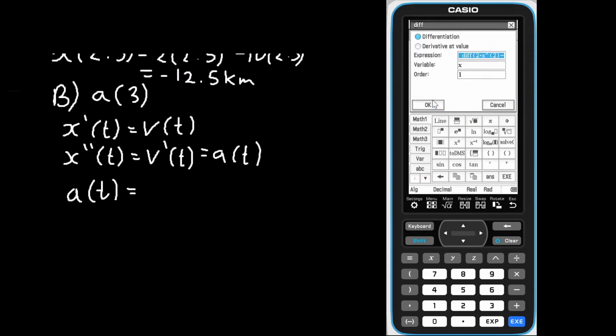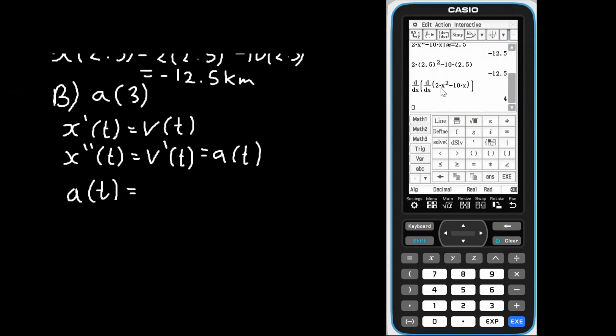I'll differentiate it twice, and it's just equal to 4. So it's just always equal to a constant number. It doesn't matter what value t is equal to, it's always going to be equal to 4. So a of 3 is equal to 4, and the units were kilometers per second squared, because we originally started in kilometers.